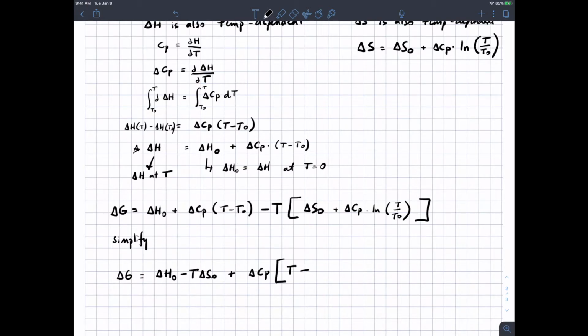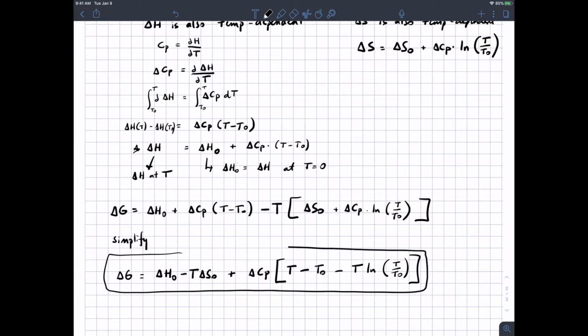So T minus T0 minus T natural log of T over T0. And we can use this as our temperature-dependent expression for delta G, where the parameters that you're going to optimize are now highlighted in pink. So you'll have an enthalpy, an entropy, and a delta Cp parameter.